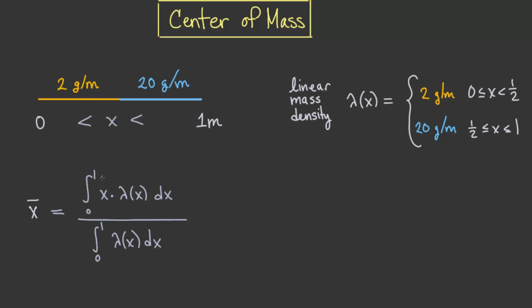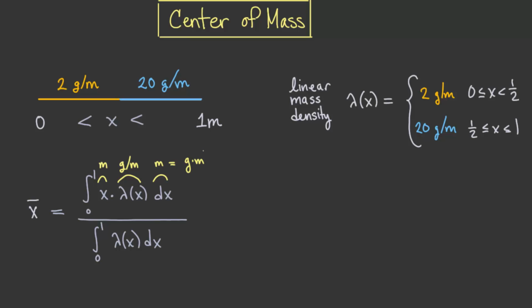Before we calculate this, let's note that the units make sense here. X has units of meters, lambda has units of grams per meter, and dx has units of meters. So the numerator has units of grams times meters.